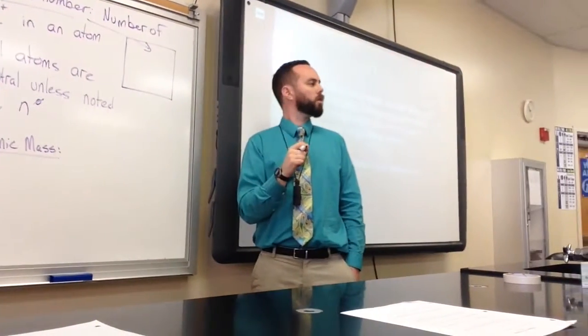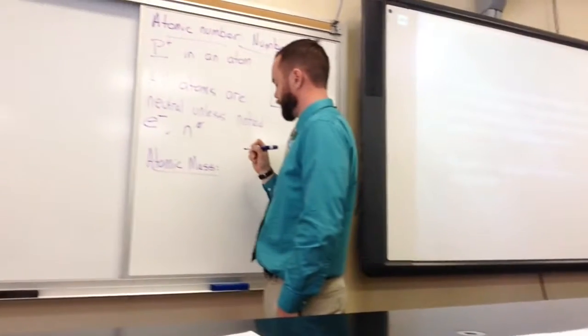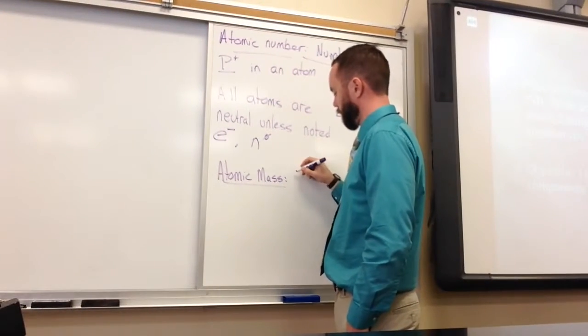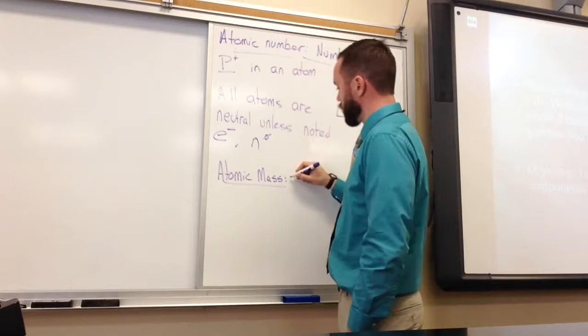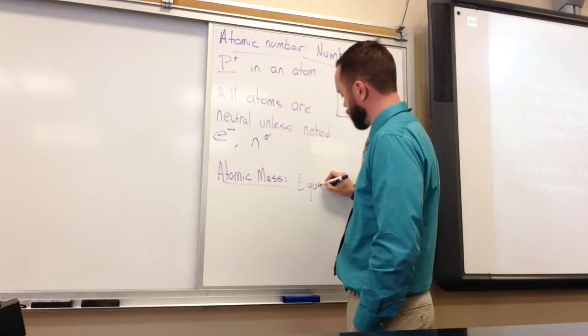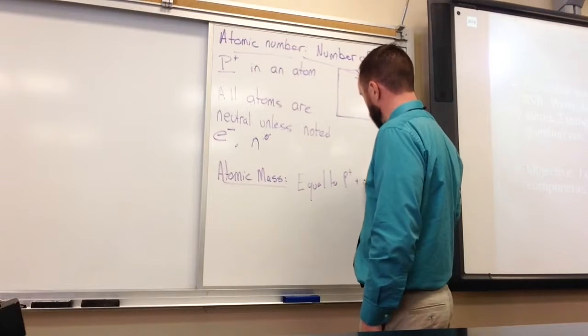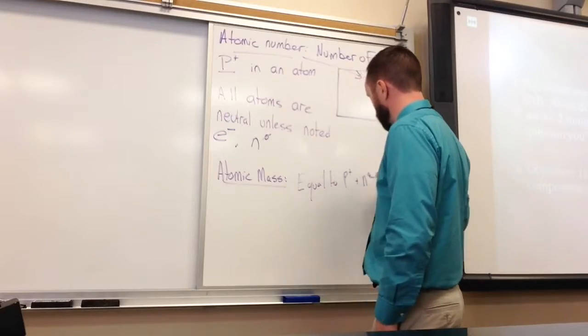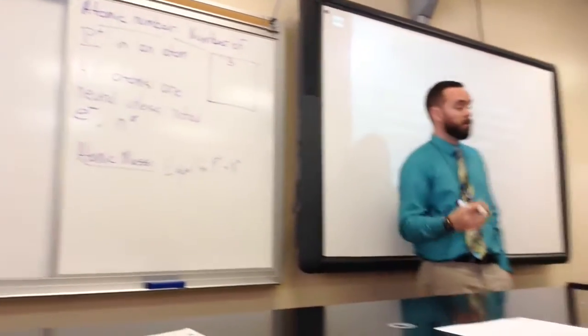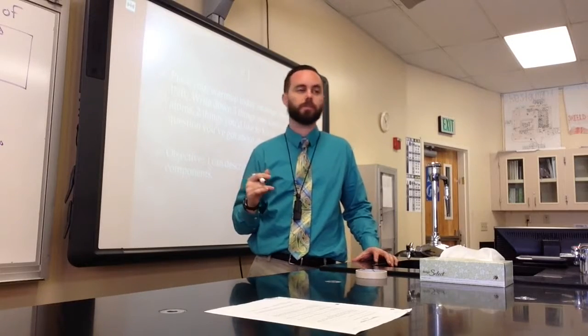All right. So atomic mass is equal to protons, which is P, plus neutrons, which is NO. So the mass number is equal to the protons plus the neutrons.